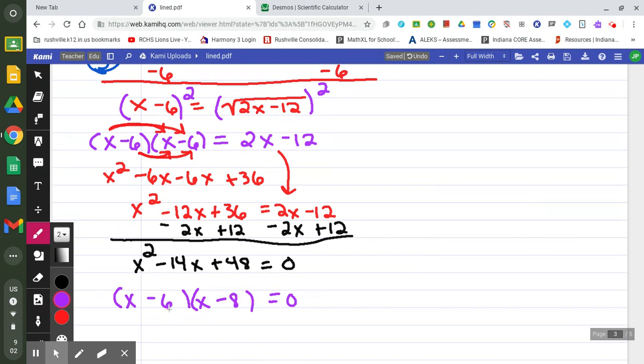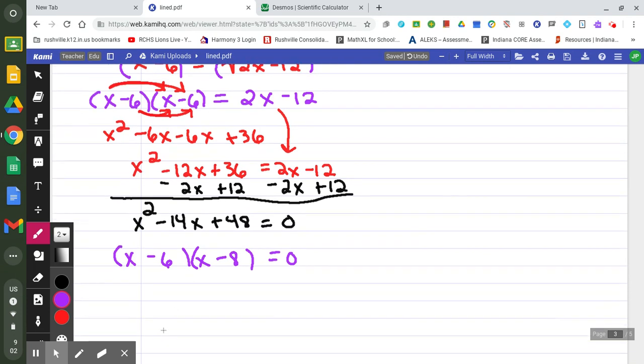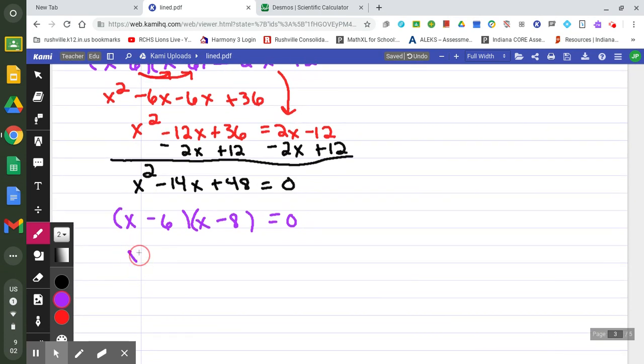And when I add negative 6 and negative 8, I'm going to get negative 14. So now I set each of those equal to 0, and then solve for x.